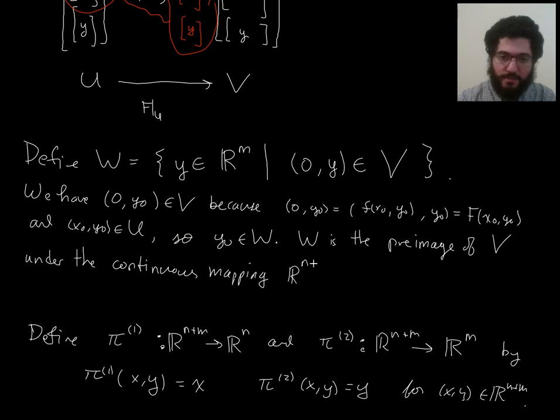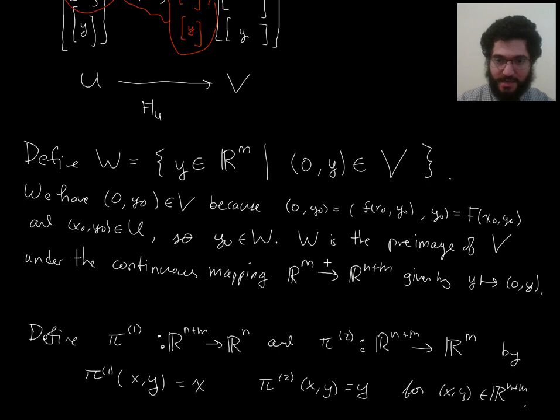That's a mapping from Rm to Rn plus m. This is the embedding, y goes to 0, comma y. You see how W is the preimage of V under this map?